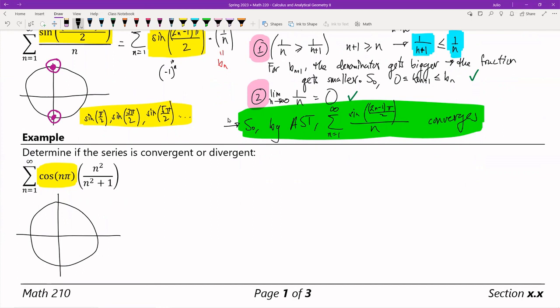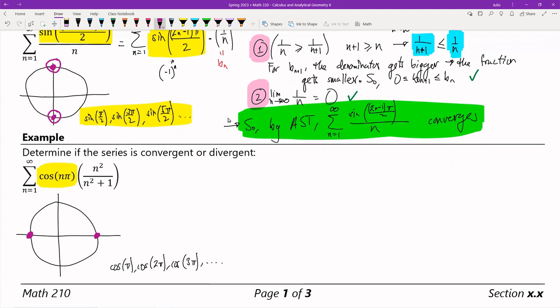The list that this one's going to produce, if you guys notice it, is going to be cosine of 1 pi, so pi, cosine of 2 pi, cosine of 3 pi, dot dot dot. Notice how it goes cosine of pi, 2 pi, 3 pi, 4 pi, 5 pi, 6 pi. Now let's look at it on the unit circle.